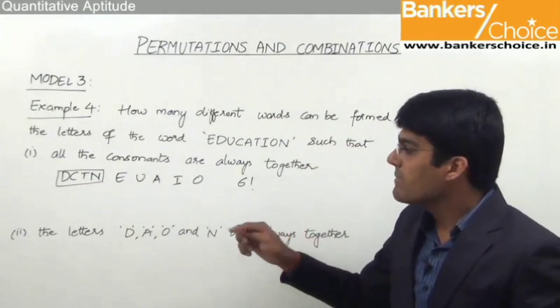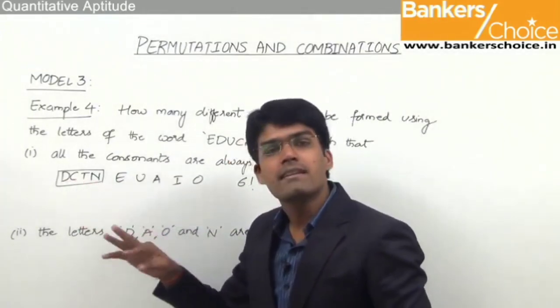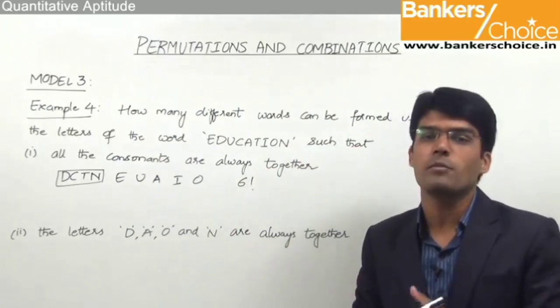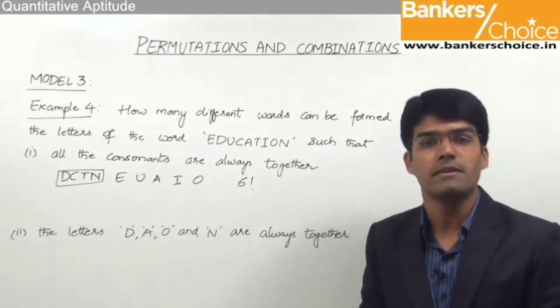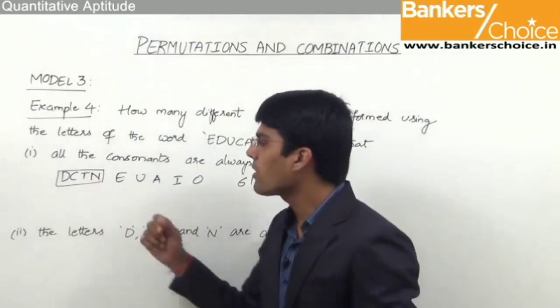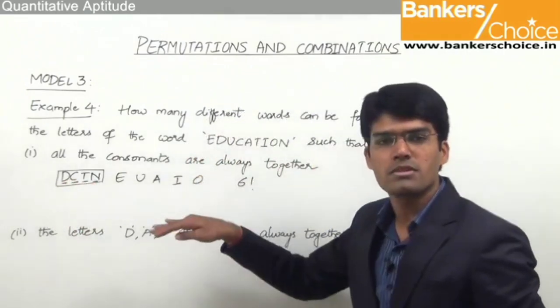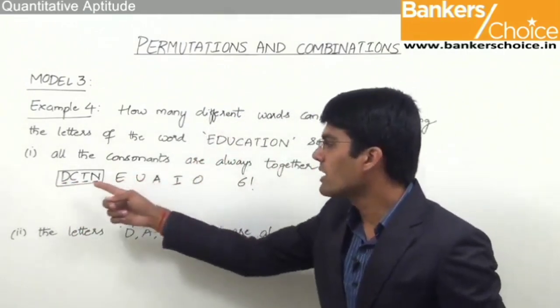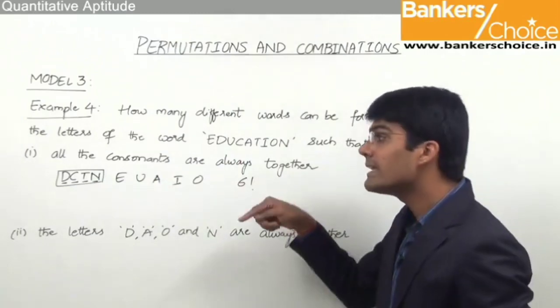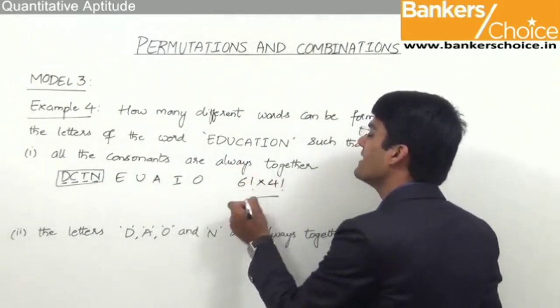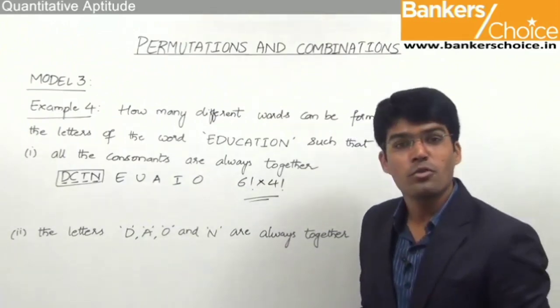And at the same time, these 4 consonants internally can be again shifted. Why? Because the question only says that consonants have to be together, but order can be anything within the consonants. So here 4 consonants can be internally arranged in 4 factorial ways. Why? Because there are 4 positions and 4 consonants. So total number of arrangements are 6 factorial and internal arrangements of consonants are 4 factorial. So we can say that the answer here will be 6 factorial into 4 factorial.